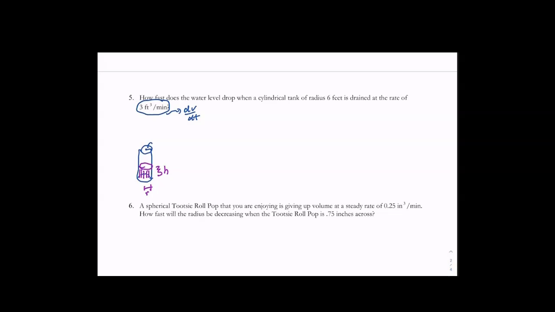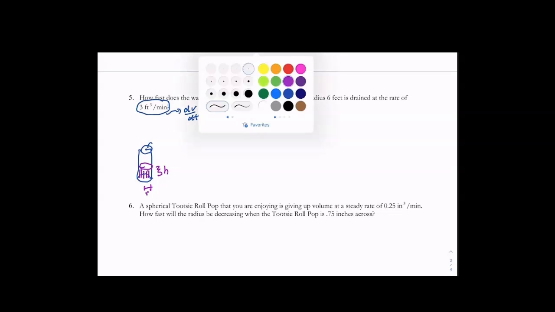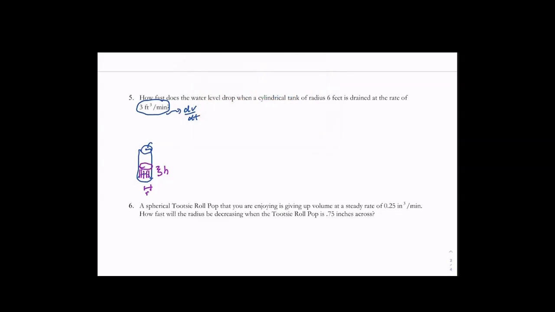All right. What is constant in this problem? Is there anything constant in this problem? Radius. The radius? Yes. Because it's a tank, the radius is constant.